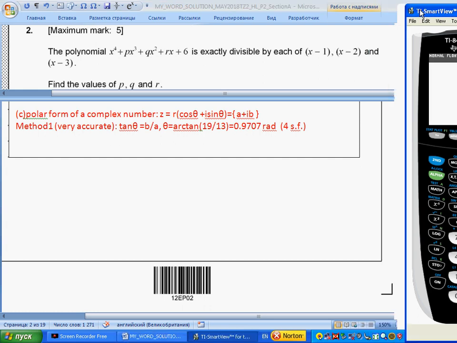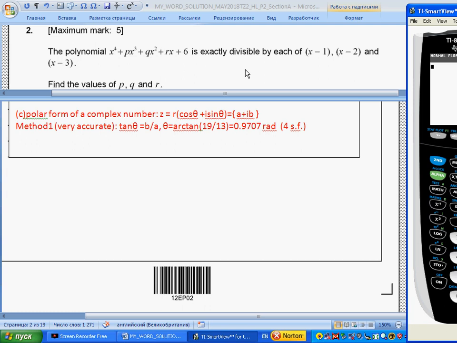Further we have a polynomial. It is exactly divisible by x minus 1, x minus 2 and x minus 3. We should find p, q and r. So if it is divisible by these expressions, then 1, 2 and 3 are roots, which means that when you substitute 1, 2 or 3, the expression turns into 0.